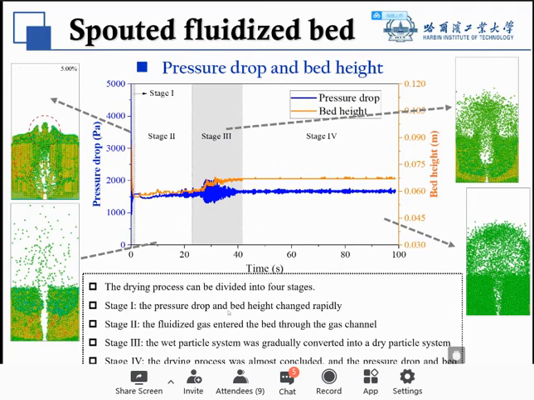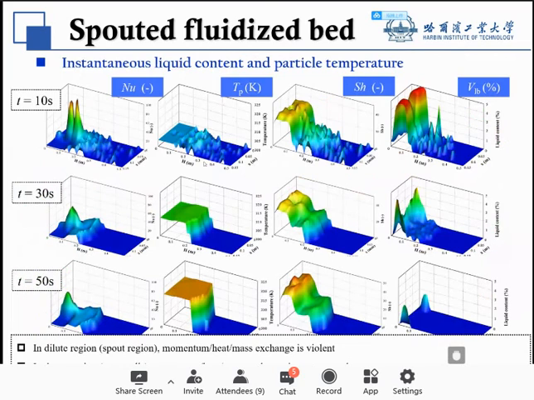So we can get some information by analyzing the figures, including the lines and the particle distribution from different figures. And here we show the instantaneous liquid content, the particle temperature, and the Nusselt number and Sherwood number in a color map.